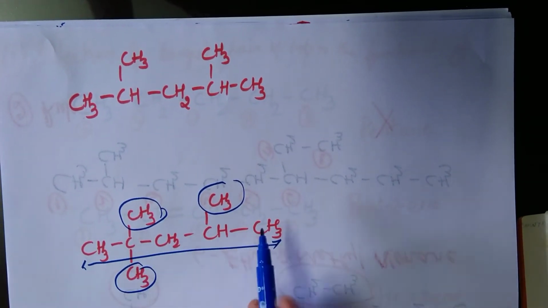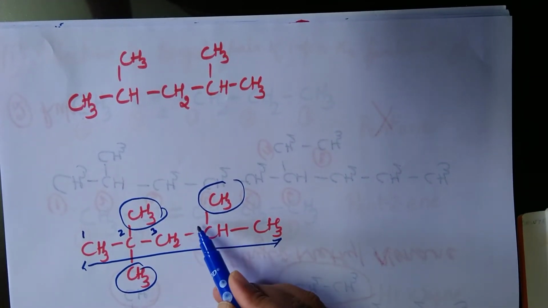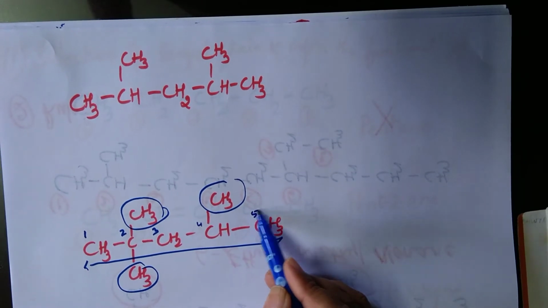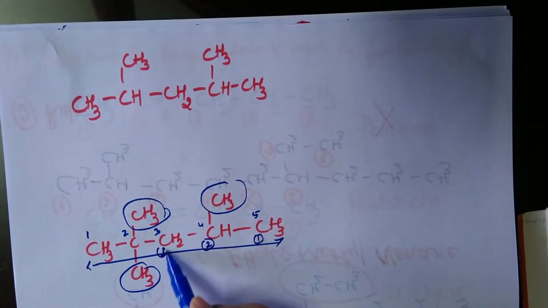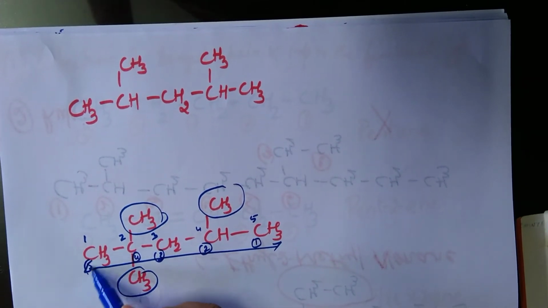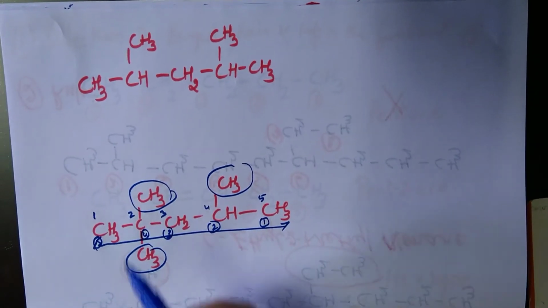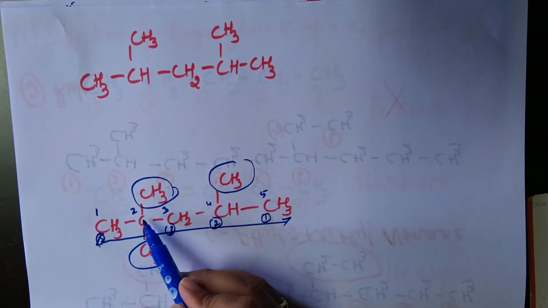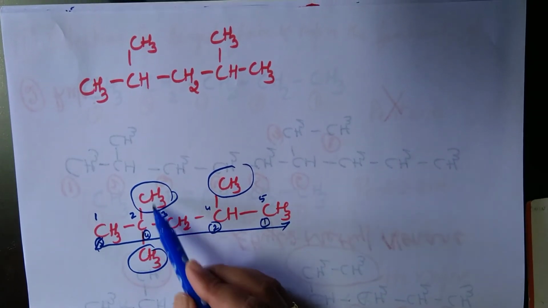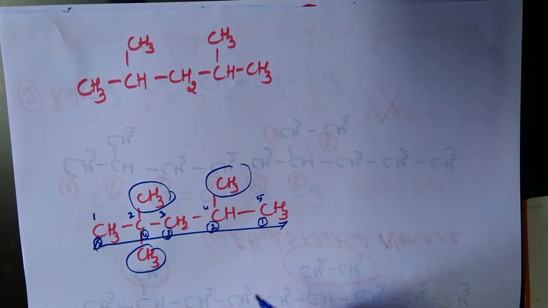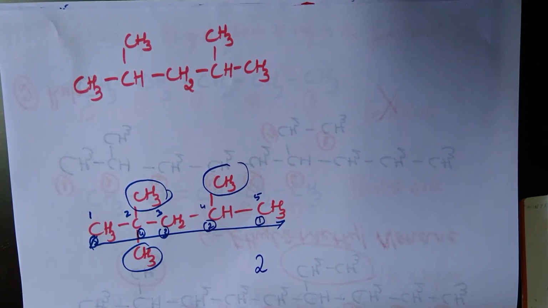If I number it from this side, it will be 1, 2, 3, 4 and 5. If you number it from this side, it will be 1, 2, 3, 4 and 5. Which rule you should follow? From which side you should number it? The position at which your substituents are present is called a locant. So locant for these two methyl groups, if I take the upper line, it will be 2. So one methyl group is present at number 2 position.